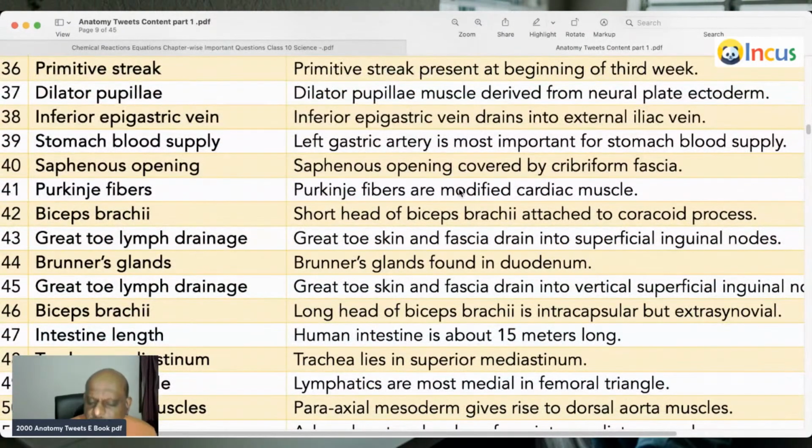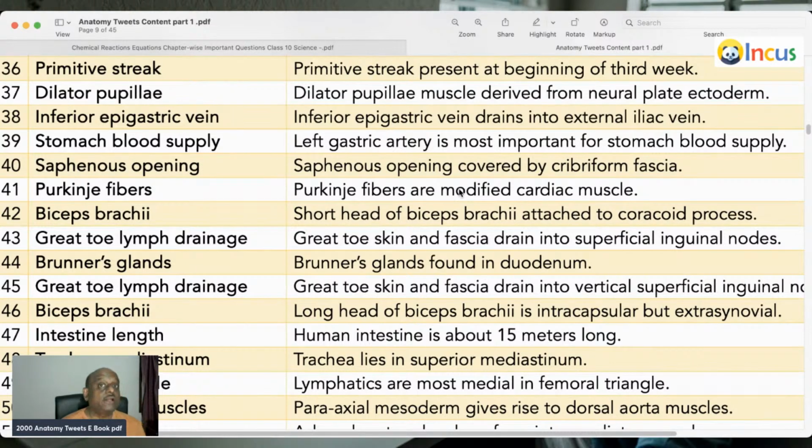What are Purkinje fibers, which are part of the conduction system? They are modified cardiac muscle. The short head of the biceps brachii attaches to coracoid process. The great toe, skin and fascia, the great toe means medial side of the foot, goes to superficial inguinal lymph nodes.